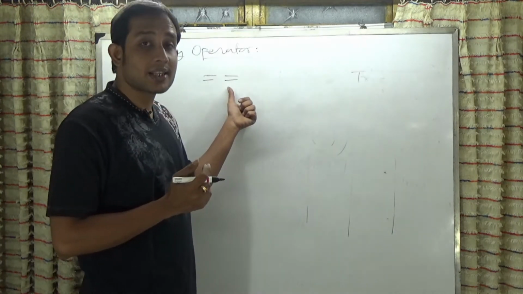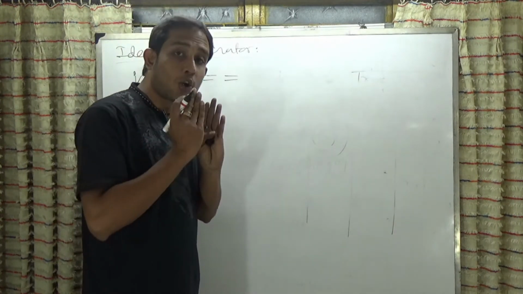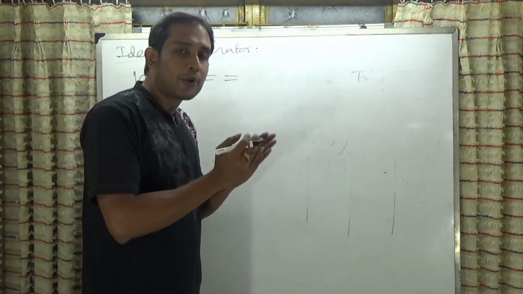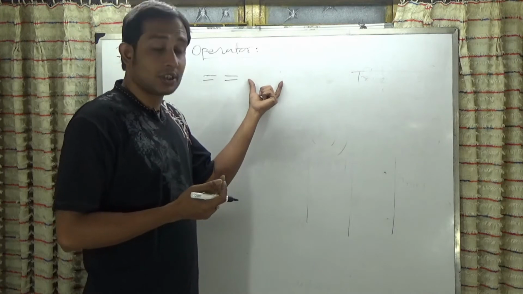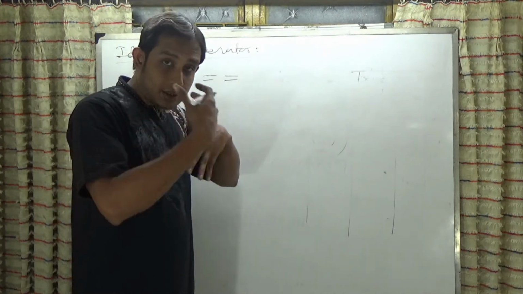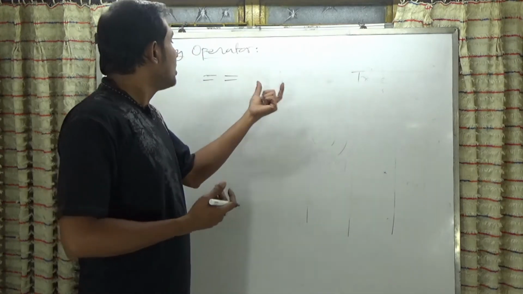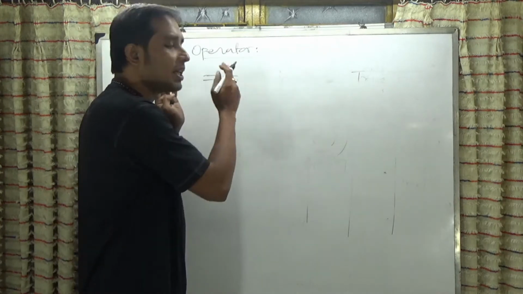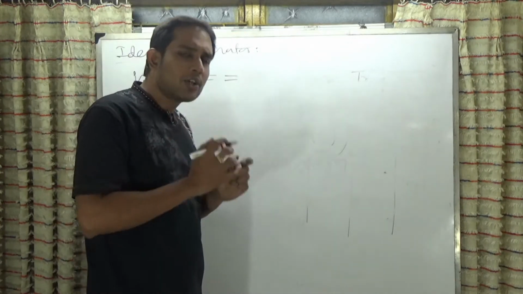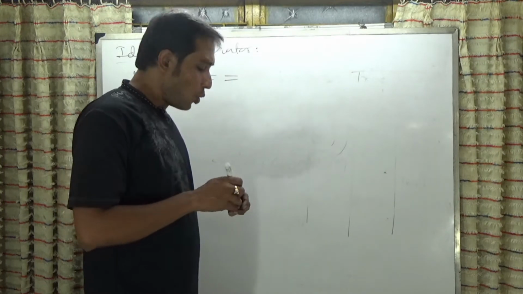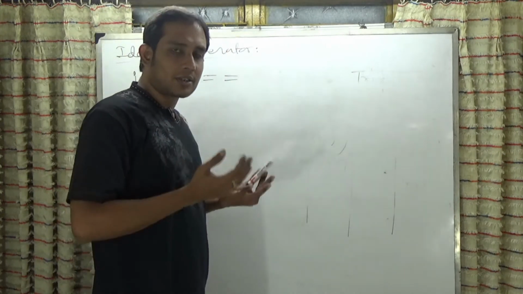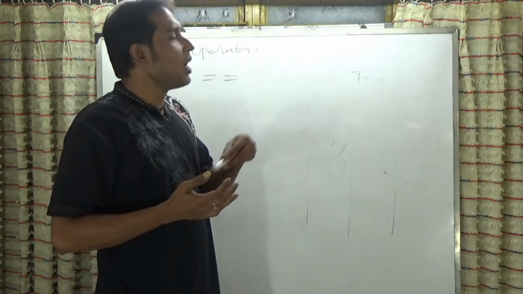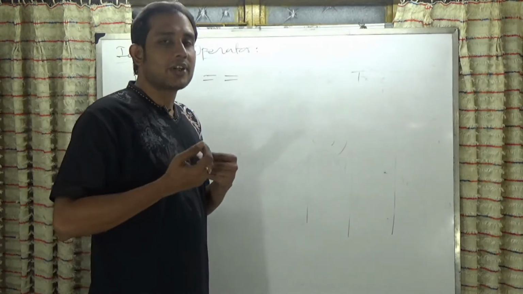In this relational equal to operator, it does not check the memory address or memory reference of the operand. It only checks the values present in the operands. If they are the same, it returns true. If they are not the same, it returns false.